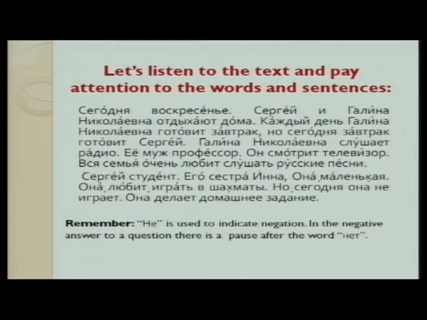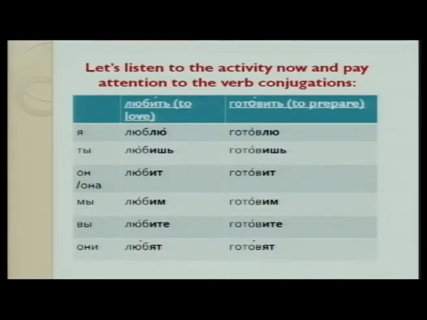Dear learners, you must remember that whenever in Russian we are using не, it is used to indicate negation. In the negative answer to a question, there is a pause after the word нет. Such expressions we have learned about in the previous lessons as well. For example, это ваш дом?